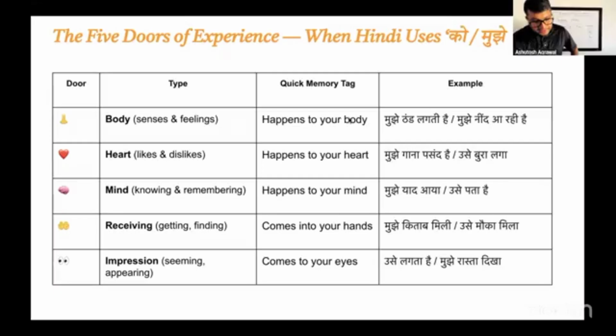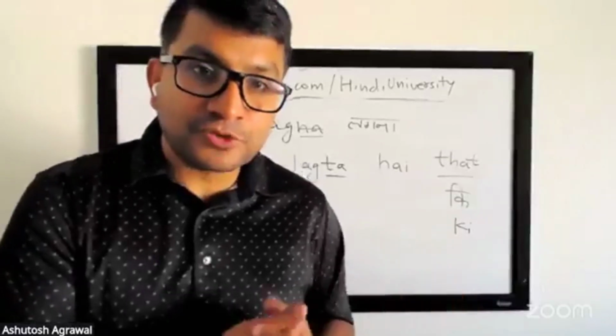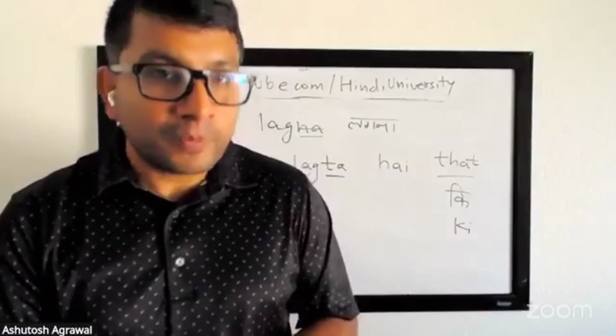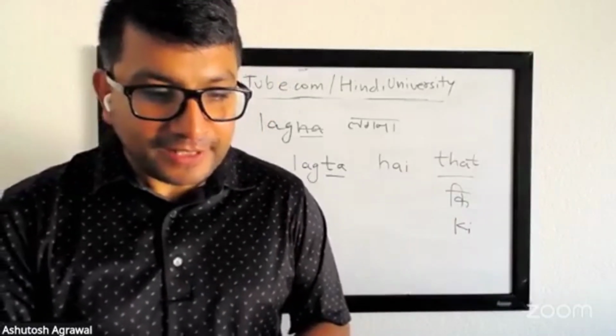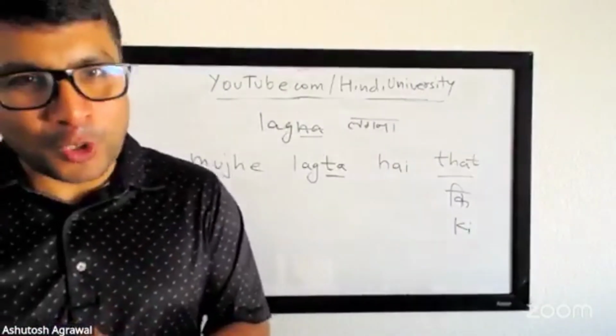So when something is happening to their body, to their heart, to their mind, or when something is coming to their hand or coming to their eyes, all of those in a nutshell are basically experiences. And there you will explicitly use the person who's feeling it followed by "ko", right? That's in a nutshell what the ko-blocker is.